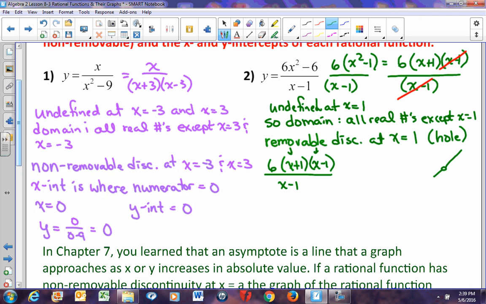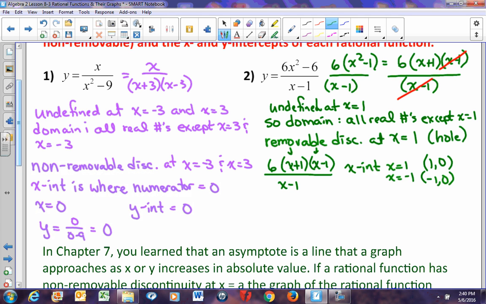So in other words, my x-intercept is going to occur at -1 and +1. Okay, so my x-intercepts are at x equaling 1 and x equaling -1. As points, those are (1, 0) and (-1, 0).